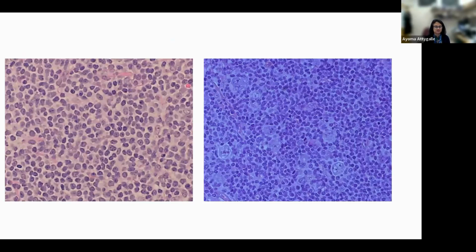So there are two images here. The one on the left has essentially a fairly uniform population of small to medium-sized lymphoid cells, whereas the image on the right has distinct large cells, which actually these are LP cells. Okay, so this is just to tell you what it is, in a background of small lymphocytes.